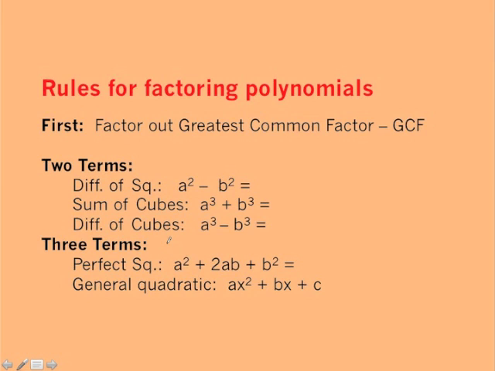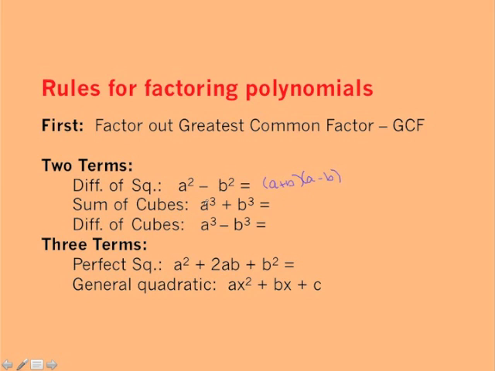Now the rules for factoring polynomials. First, always look for a greatest common factor and factor that out. Then if you have two terms, if it's a difference of squares, such as a squared minus b squared, it can be factored into a plus b times a minus b.